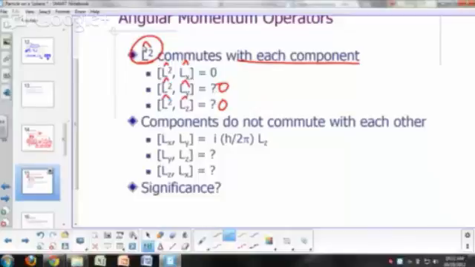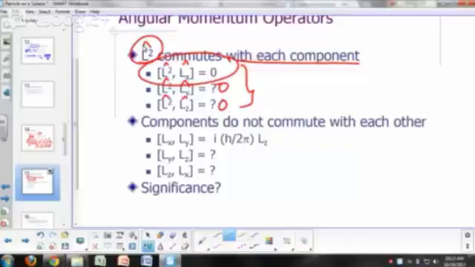What does that mean? That means if the commutator of L squared and L_x is equal to 0, you can simultaneously determine L squared and L_x precisely.